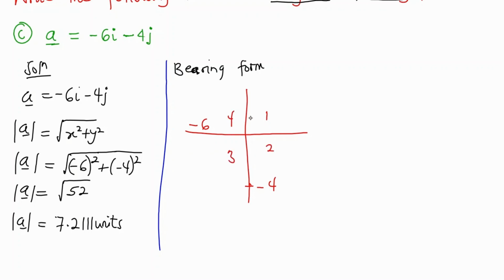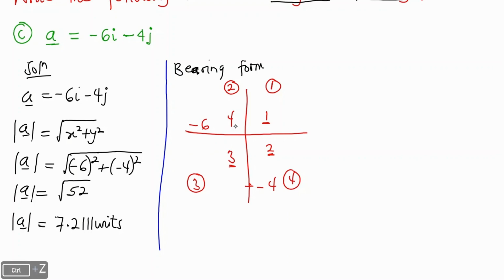But if we are talking about the trigonometric quadrant, then it goes this way: you have our 1 here, 2, 3, and 4. This is the trigonometric quadrant. But if we are talking about the bearing quadrant, then it starts this way: 1, 2, 3, 4.